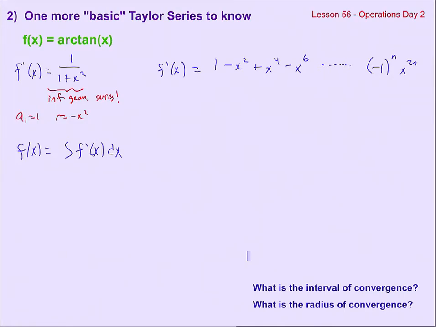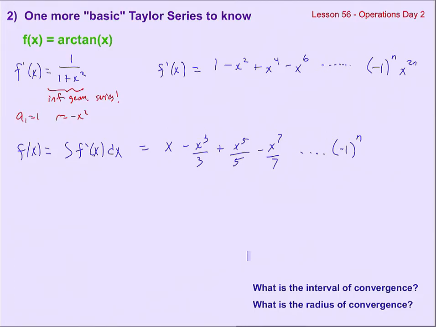So what we can do is just take the antiderivative of all of those terms. The antiderivative of 1, minus the antiderivative of x squared, plus the antiderivative of x to the fourth. Sorry, the antiderivative of x to the fourth is x to the fifth over 5, minus the antiderivative of x to the fifth, which is x to the sixth over 6. And hopefully you're seeing the pattern here. We are still alternating signs, so that's not going to change.